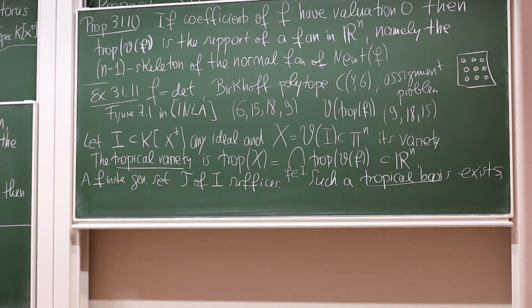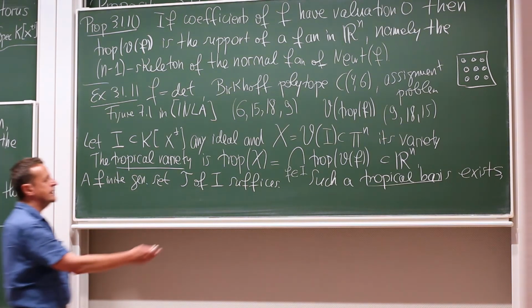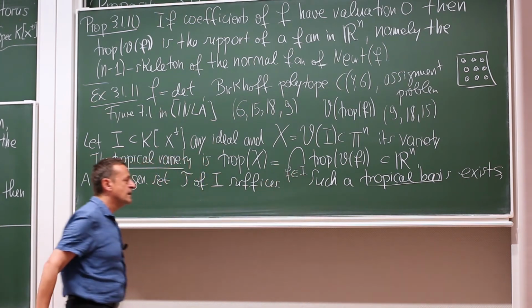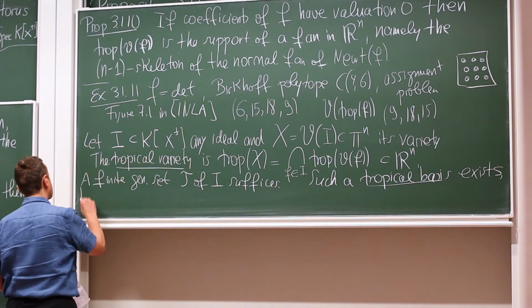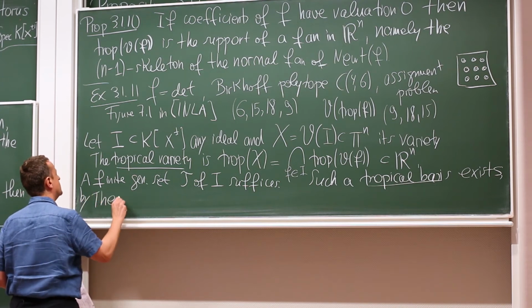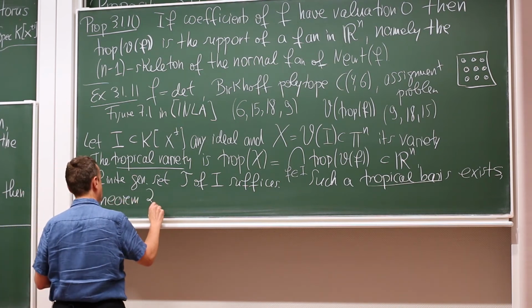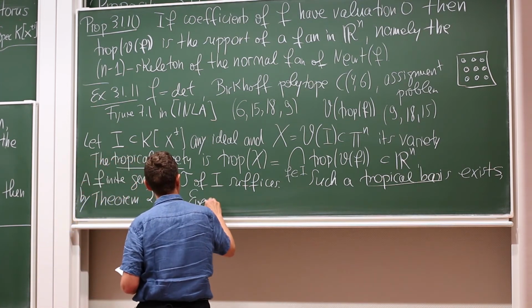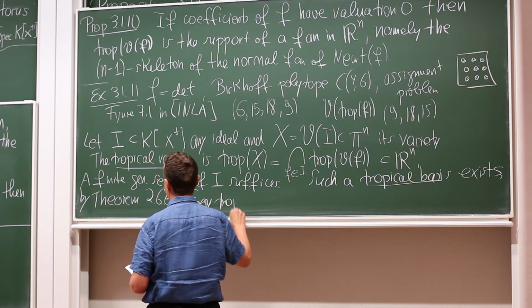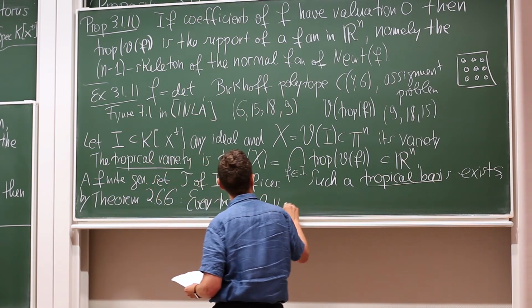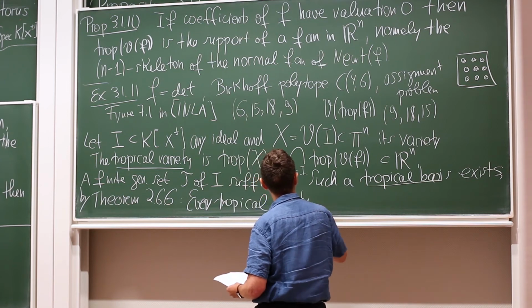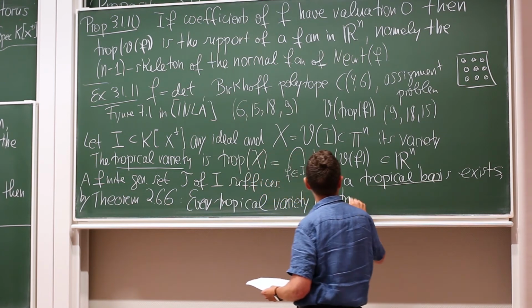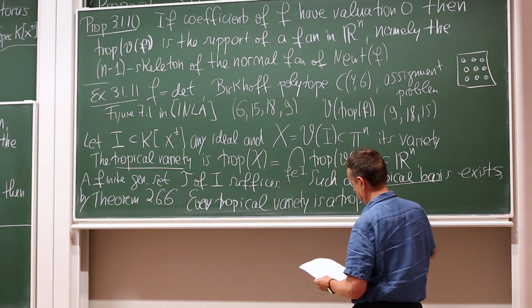It requires some understanding of the Gröbner complex, but using the Gröbner complex you can compute a finite subset tau such that in this intersection it suffices to take f in that finite set. We saw this in Theorem 266. Let me paraphrase this as saying that every tropical variety is a tropical pre-variety.